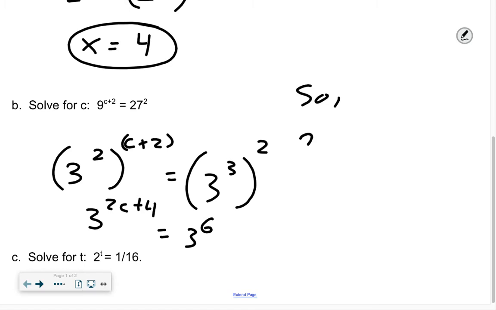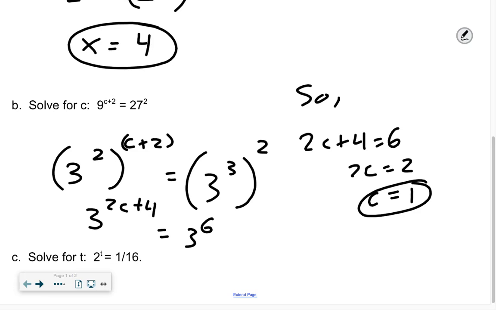So now we can say that 2c plus 4 is equal to 6. Algebra the rest of the way. Okay with that idea? Now that we see it, we're okay with it, but it's not the easiest to come up with, I agree.